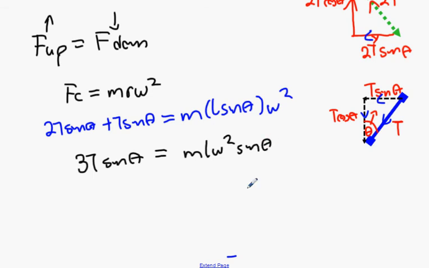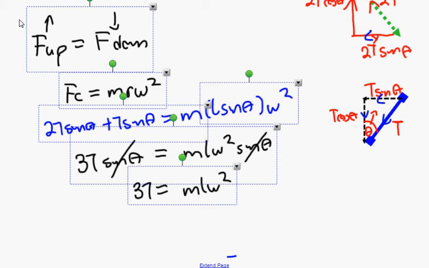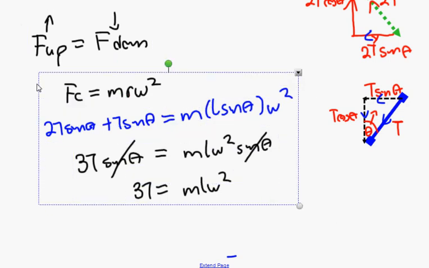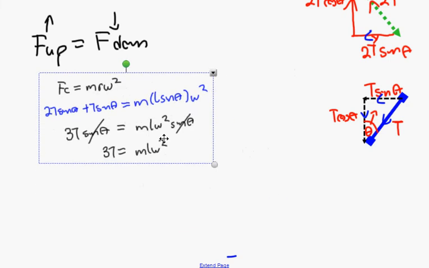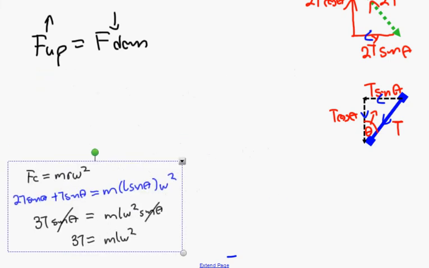What happens to the sine thetas? They can cancel, and we just get 3t equals m L omega squared. Okay, store that. That is not forces up versus forces down. That's the centripetal force equation.